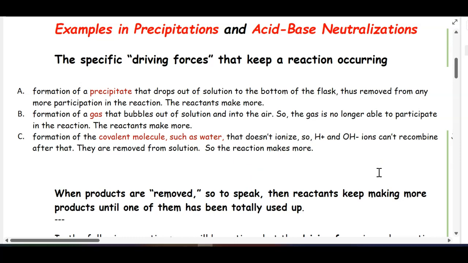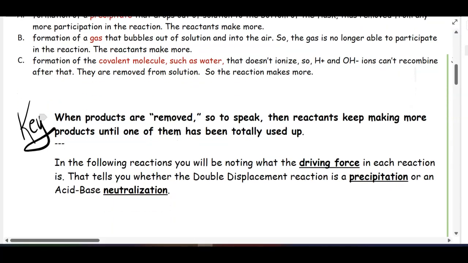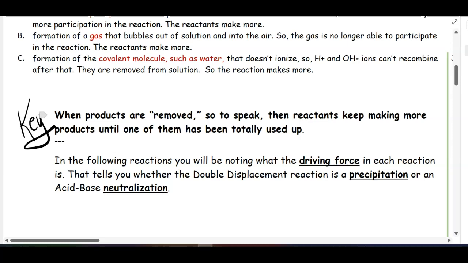So the key idea here is that when products are removed, the reactants keep making more products until one of the reactants is totally used up. All right, so this is the key idea. When we remove products, then the reactants keep making more products until one of them's been used up.